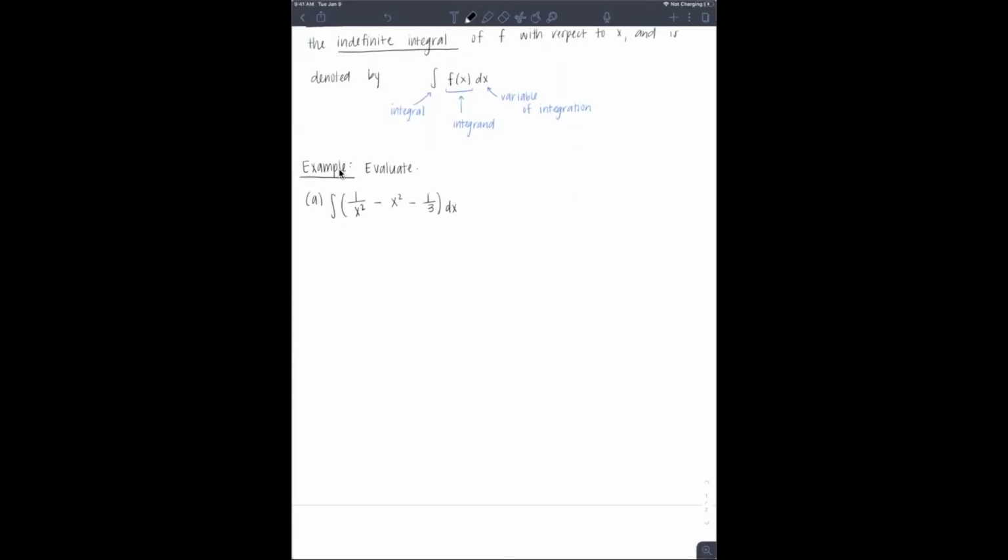So what I'm allowed to do, integrals have very similar rules as derivatives, right? If I were to find the derivative of x squared plus x, I could find the derivative of x squared first, and then the derivative of x, and then just add their derivatives together. Integrals work almost the same exact way. So I can do the integral of 1 over x squared first with respect to x. And then I can subtract it from the integral of x squared dx. And then I can subtract it from the integral of 1/3 dx.